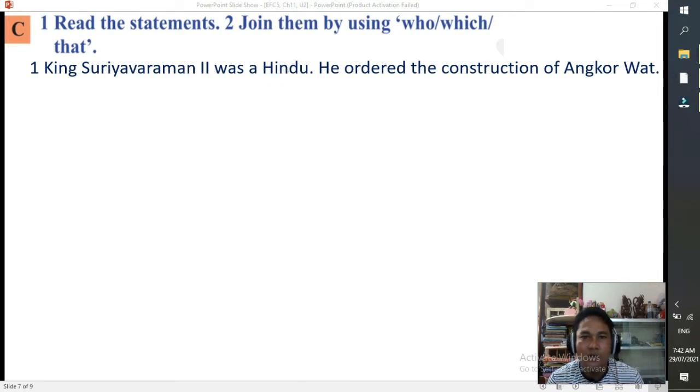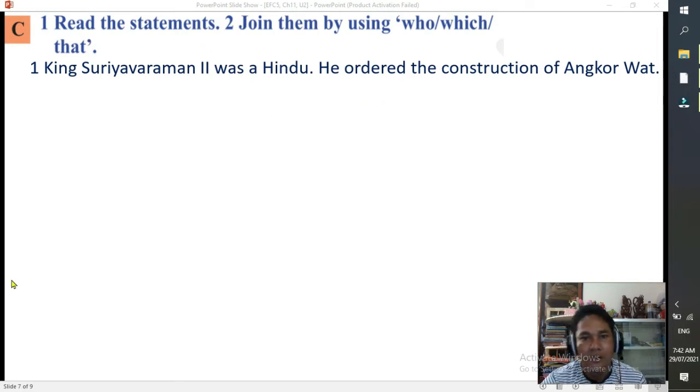they want to talk about the thing or about the places. So when they want to talk about the people, you should use who as the relative pronoun to combine it. And if they talk about thing or about places, not the people, you should use which or that. Which is used with things, who is used with people, that can be used with both people and things.